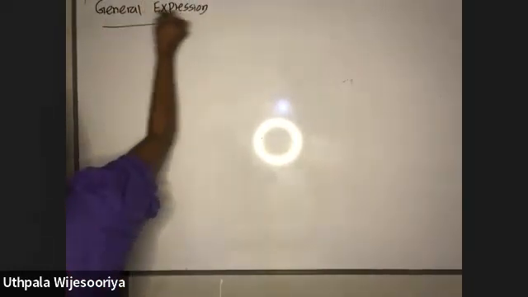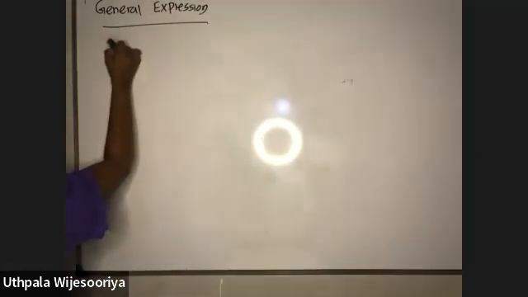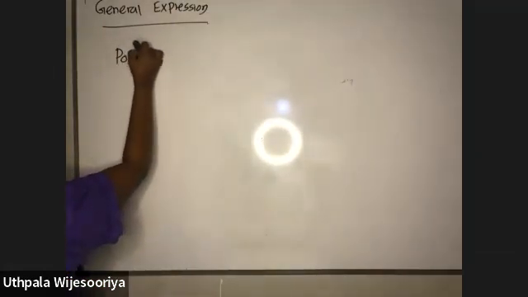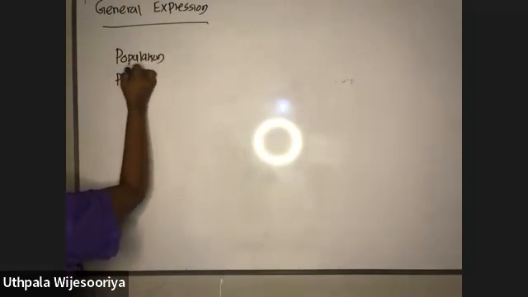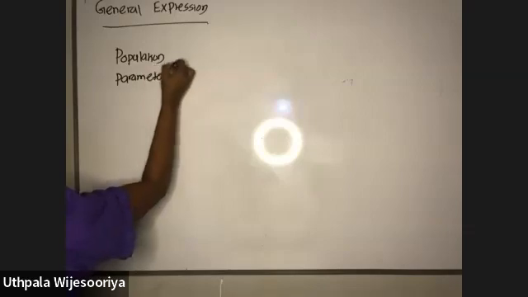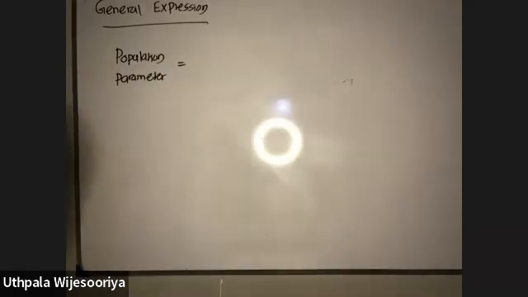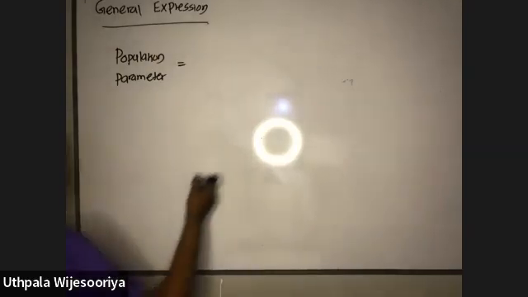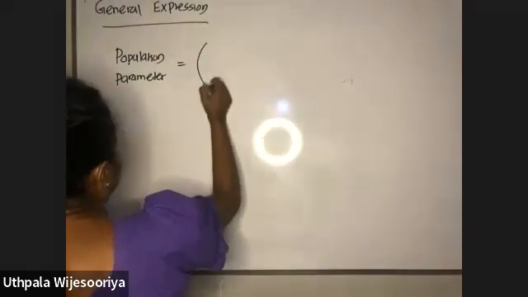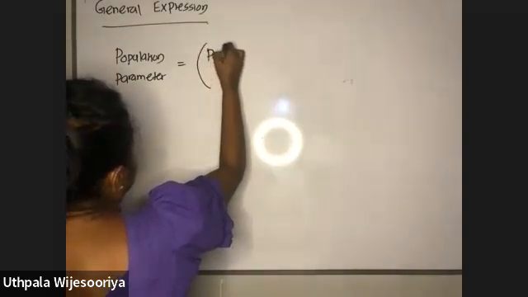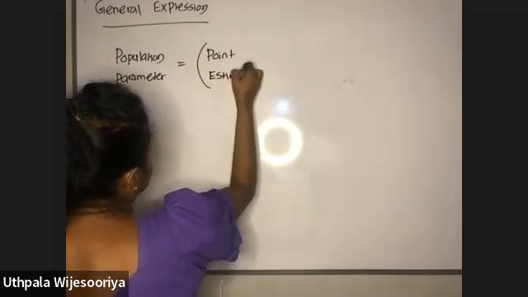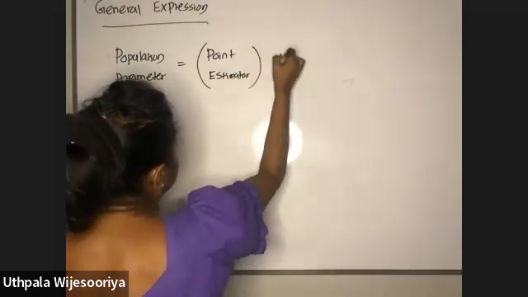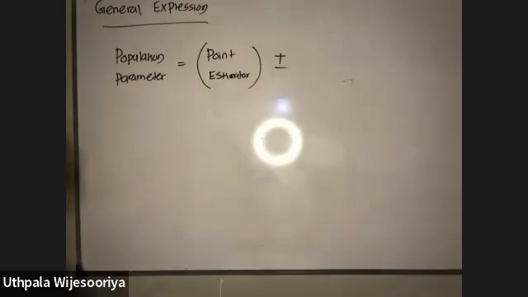What is that? Population parameter. This is the one we are going to calculate. Population parameter is equal to the point estimator, like the sample mean or whatever, plus or minus table value into standard error.